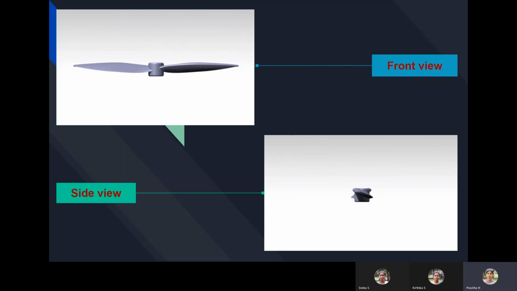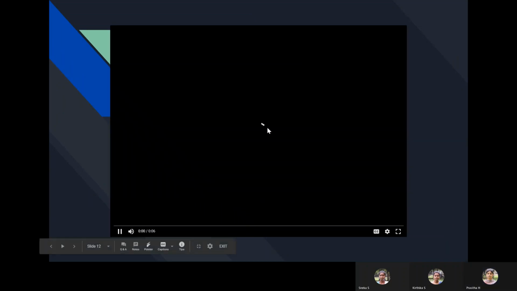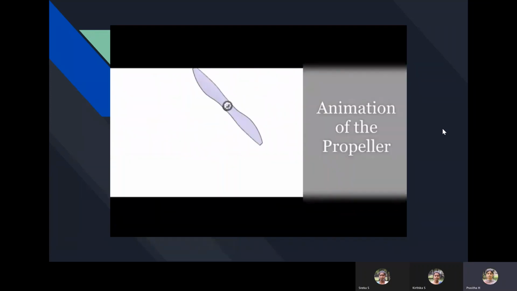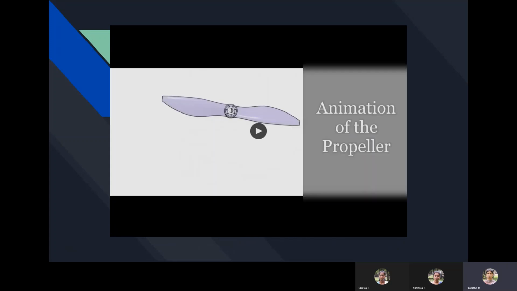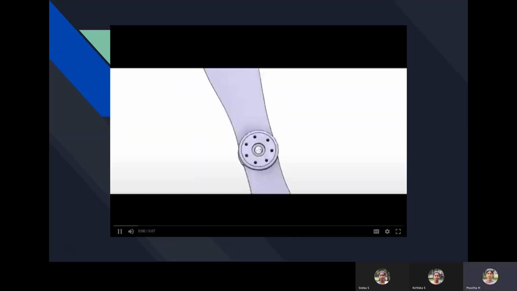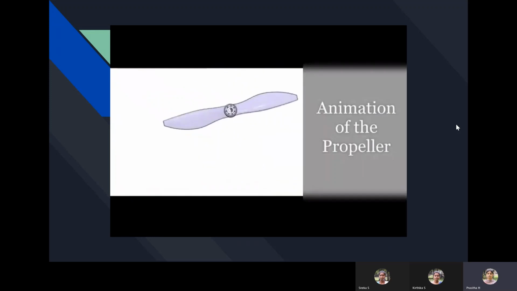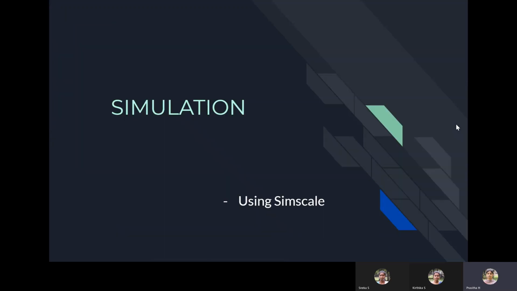We can see the front view and side view of our propeller here. We have made a small animation of our propeller design. This is the animation of our propeller design. For the animation, we have used Fusion 360 software. Next, I would like to call Sneka to give an introduction about our simulation.